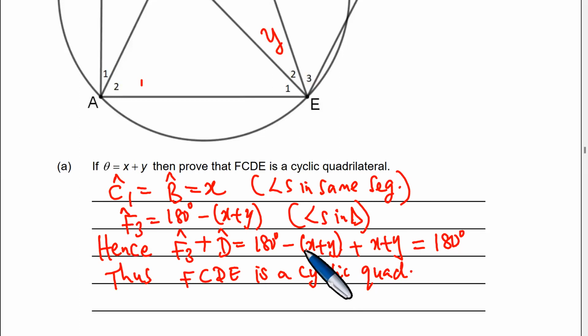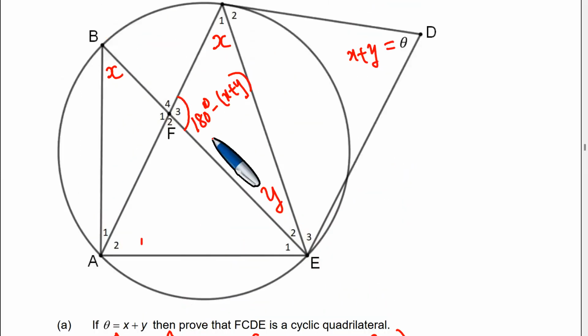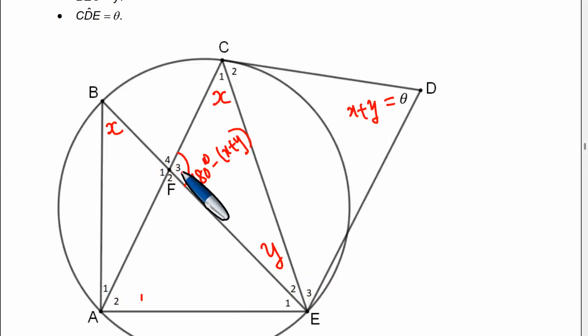Okay, what is F3? We had to find F3 first. Because it was the only unknown in this triangle, we said 180 minus the other two angles will give us the third angle. So we got F3 is 180 minus (X plus Y), because we're just working with the angles in this triangle.